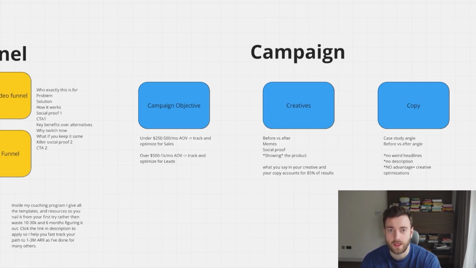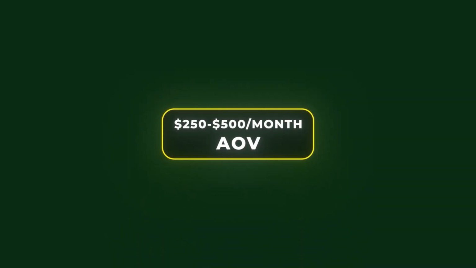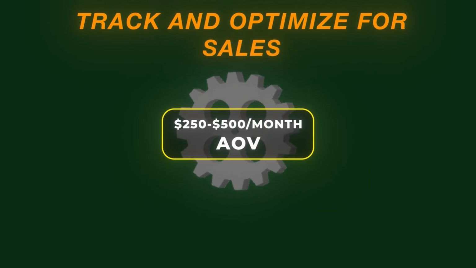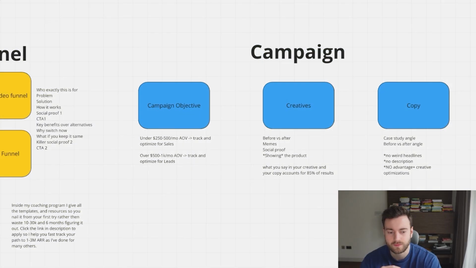Campaign objective, again, if you are selling under $250 a month to like $500 a month average order value, then you want to track and optimize for sales objective, because you want to be directly driving traffic into sales typically.